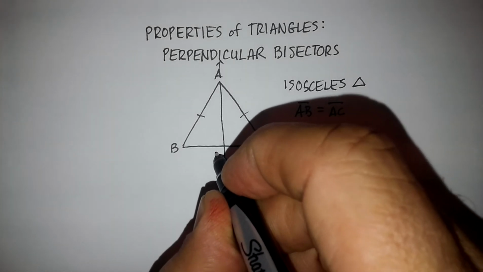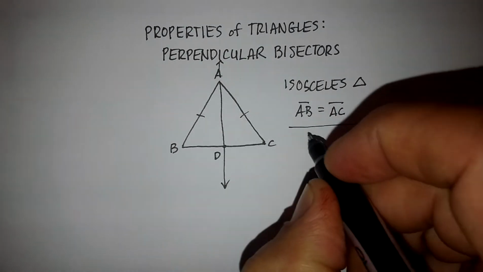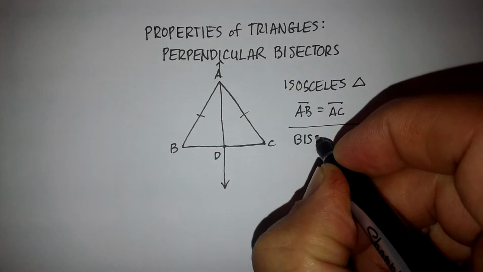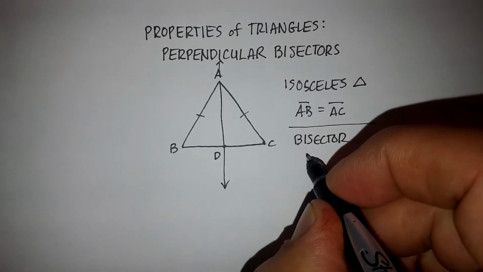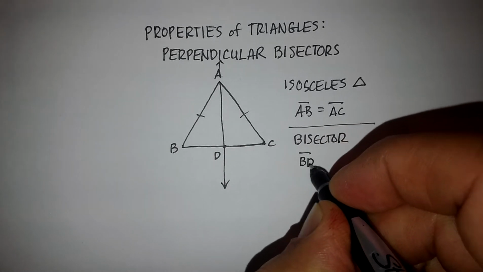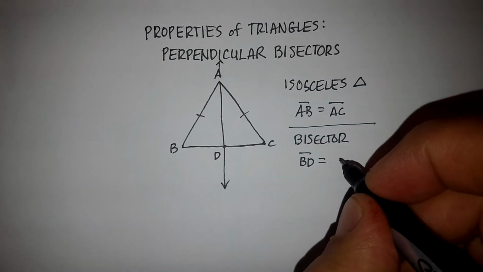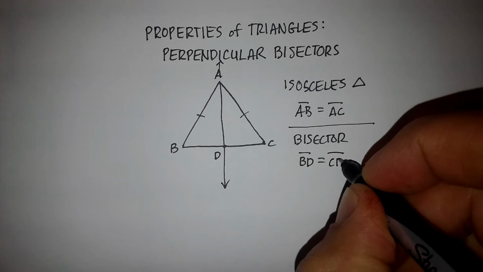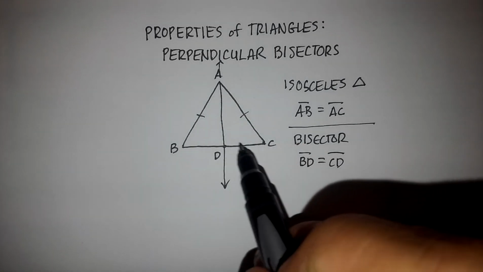All right, so let's call this point D. So basically what the bisector means is BD, line segment BD, is equal to line segment CD. But that's not all.